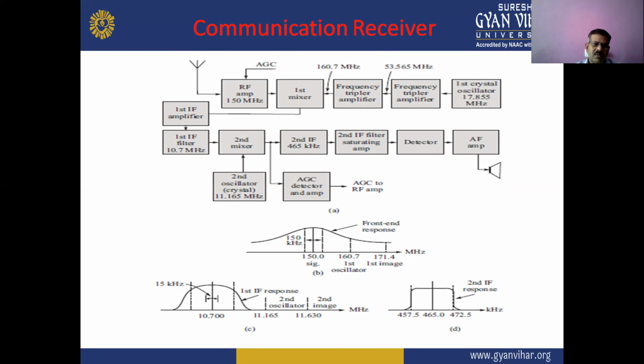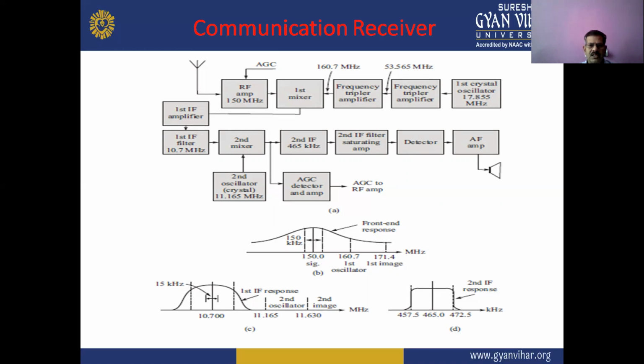That frequency is 10.7 megahertz, and this signal is applied to the second mixer. Also in the second mixer, a second oscillator, a crystal oscillator, generates the high frequency signal and applies it to the second mixer. The output of the first mixer is 160.7 megahertz, and this signal is applied to the frequency tripler amplifier, and the output of the second mixer is applied to the second IF, which has the frequency 465 kilohertz.